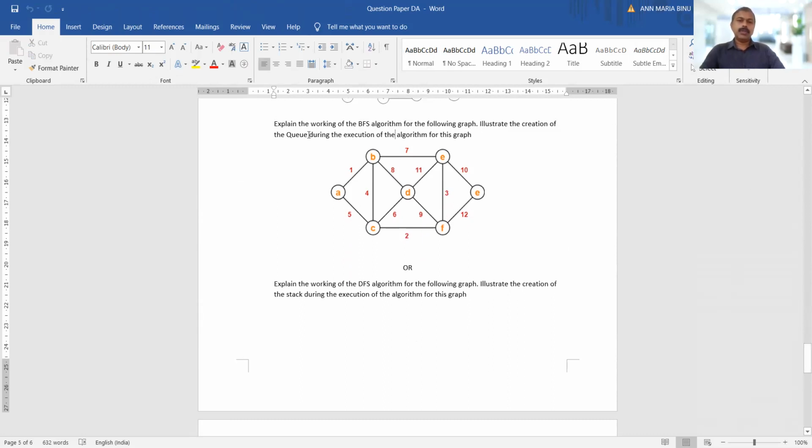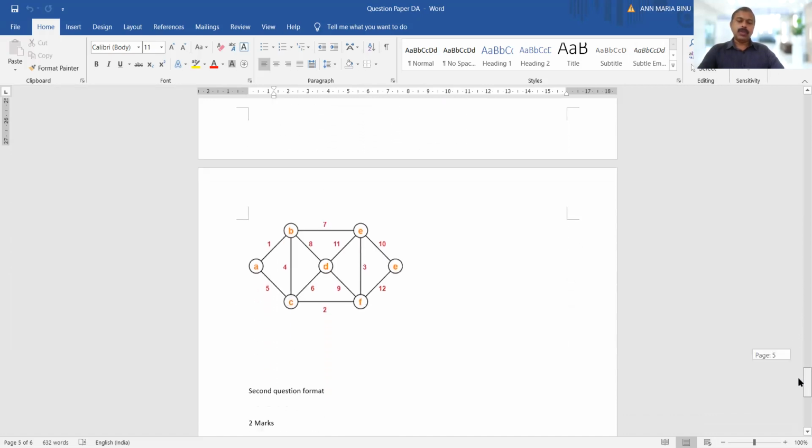Illustrate the creation of the queue during the execution of the algorithm for this graph. So they have to apply the BFS algorithm on this graph, and also show the intermediate processes of applying the BFS algorithm, and finally a tree will be generated, and how this tree can be generated from this.